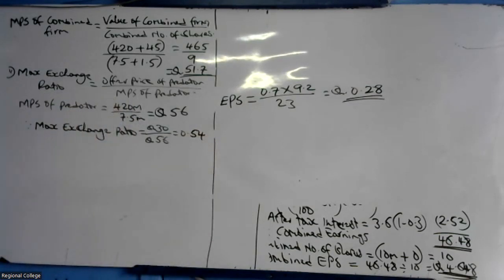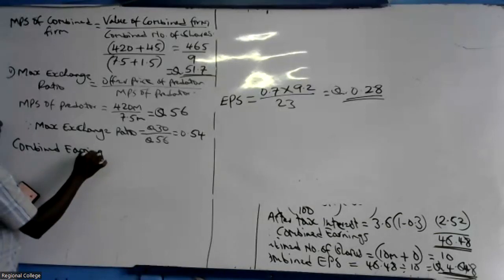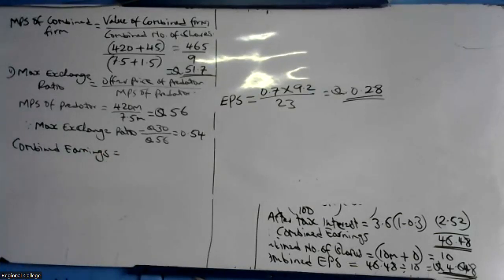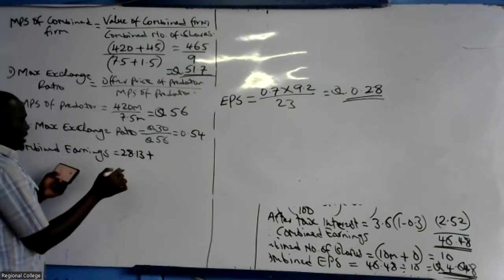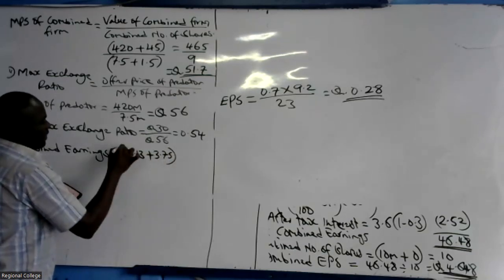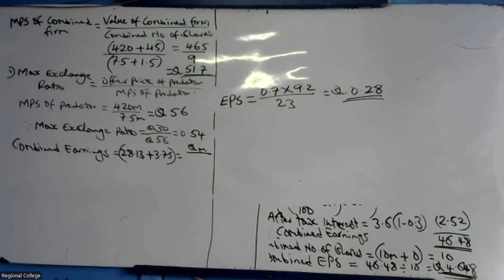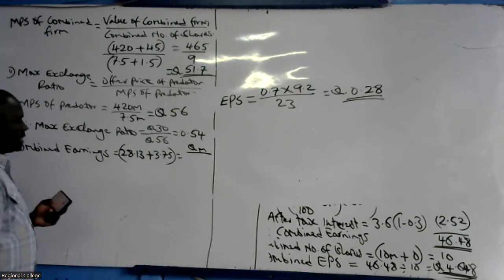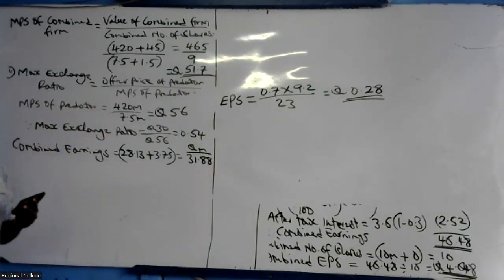So the post-acquisition earnings per share takes the combined earnings. Can we have our combined earnings? The sum of profit after tax, 28.13, plus 3.75. So combined earnings are how much? About 31.88.